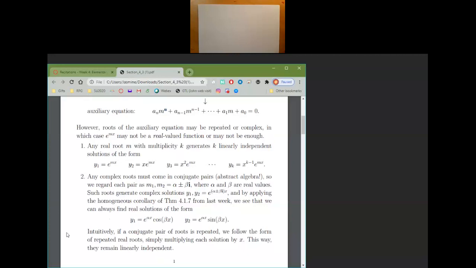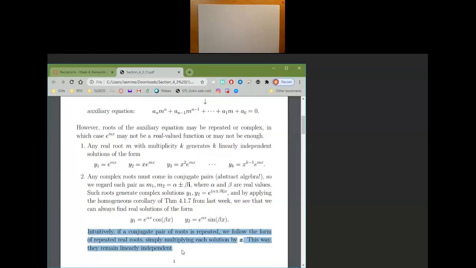Okay, fine. I wanted to mention that here intuitively, if a conjugate pair of roots is repeated, you'll always have x minus m1 times x minus m2. Those will always come in pairs, but you could always have x minus m1 to the 3rd times x minus m2 to the third, so each of those comes in a pair, but you can have repeated complex roots.